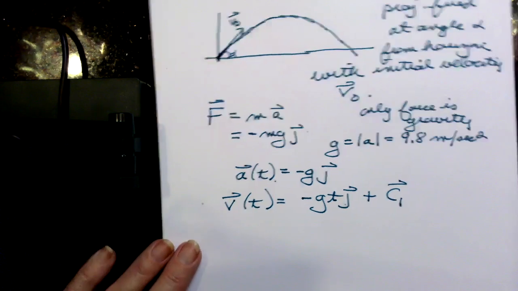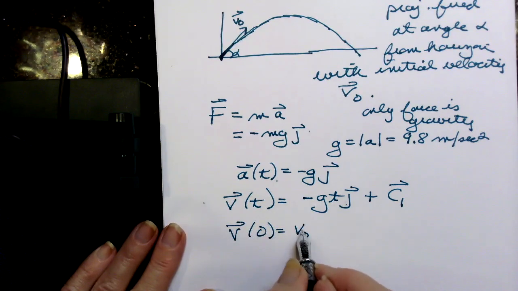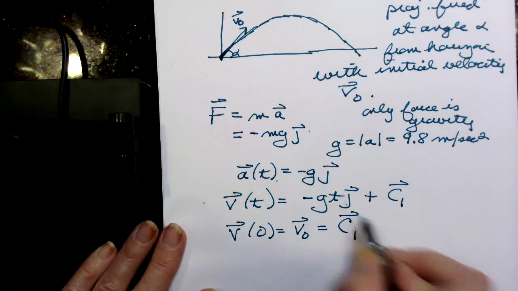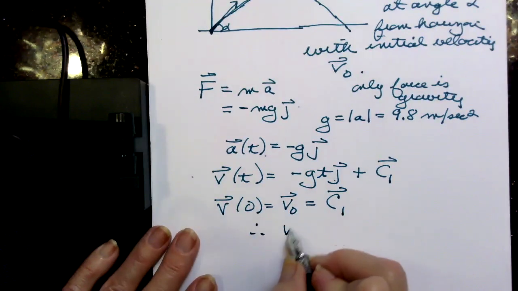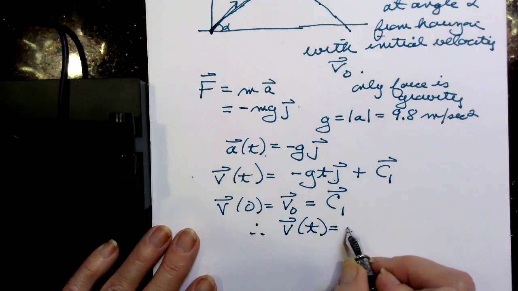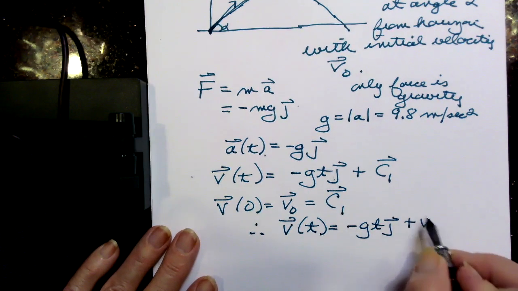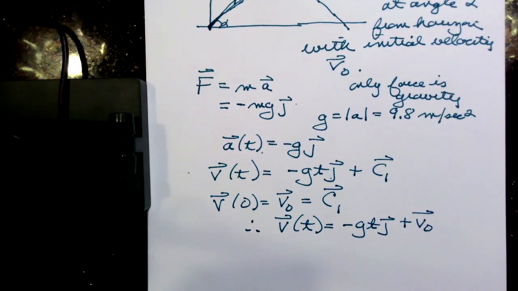But now what else do we know? We know that v at time 0 is vector v naught. On the other hand, when you evaluate this right-hand side at t equals 0, that says it's vector c1. So we have that the velocity vector v of t is minus gt times j plus the initial velocity.